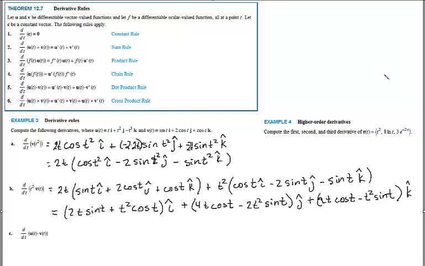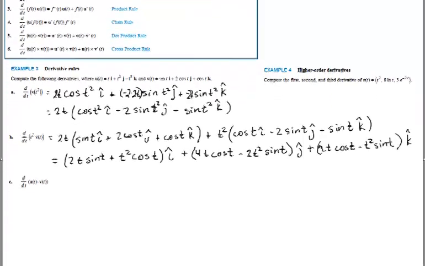Lovely. The next one, I'm going to have to scoot this up just a little bit. We'll need some more room.